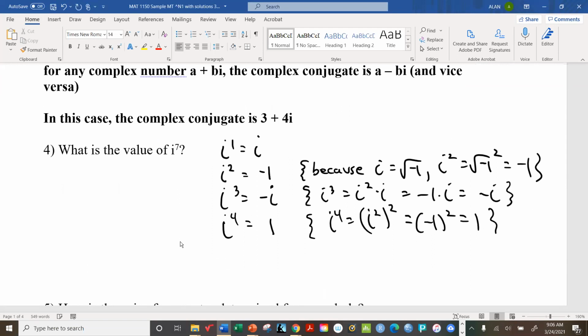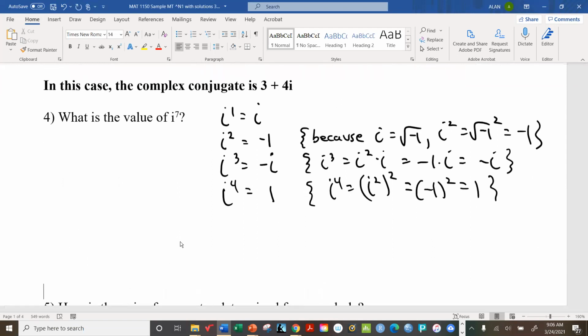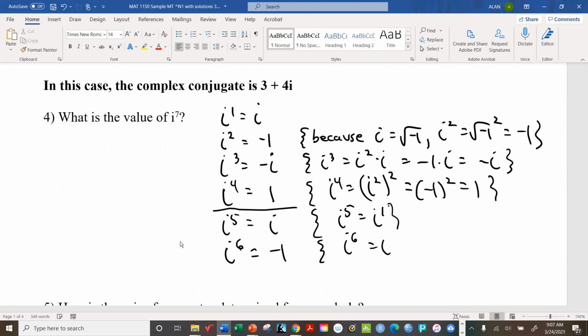And from this point on, it just forms a repeating cycle. In other words, i to the 5th is i. i to the 6th is -1 because i to the 6th equals i squared.